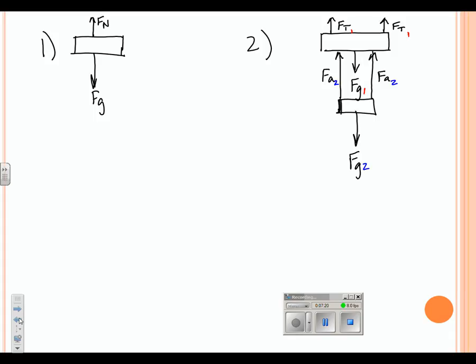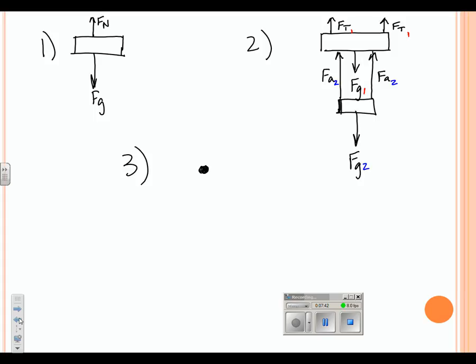But the F of T's going up have to equal all the things going down, as well as the F of A's. So if we had F of A plus F of A plus F of T plus F of T, all those up forces would have to equal all the down forces if everything was going to be motionless.